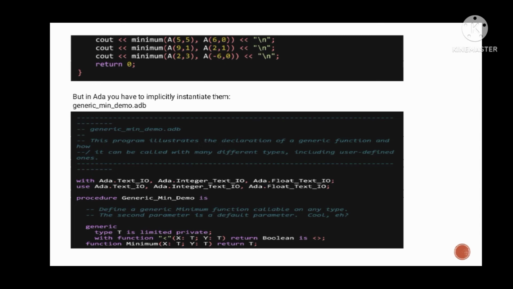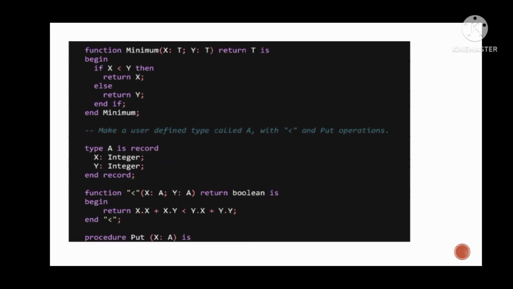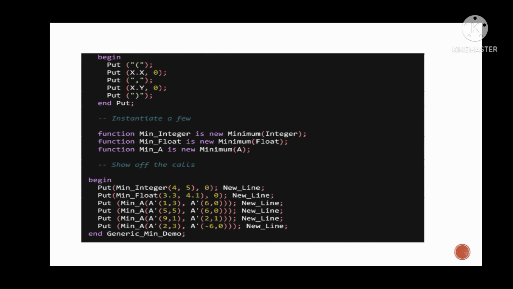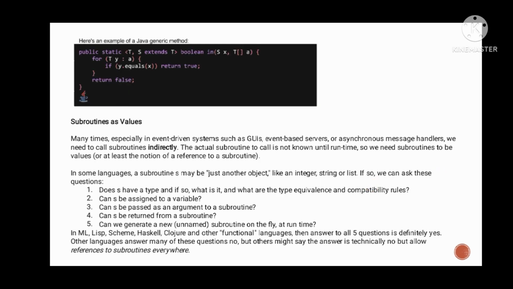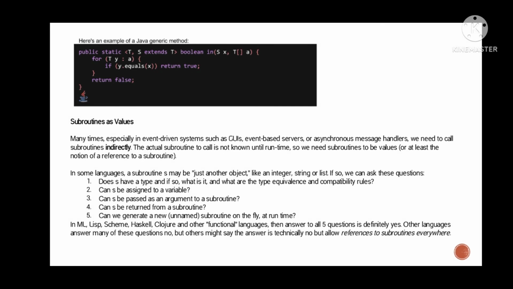But in Ada, you have to explicitly instantiate. Here's an example of a Java generic method.